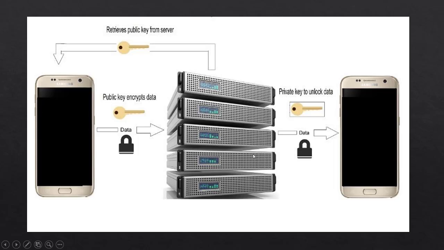Now, the server has its own private key. It will decrypt the data with the help of that private key and thus communication will happen. And now communication will start. In this way, data is secured and it gives you surety that an unauthorized person will not be able to understand whatever communication is happening between you and the server.